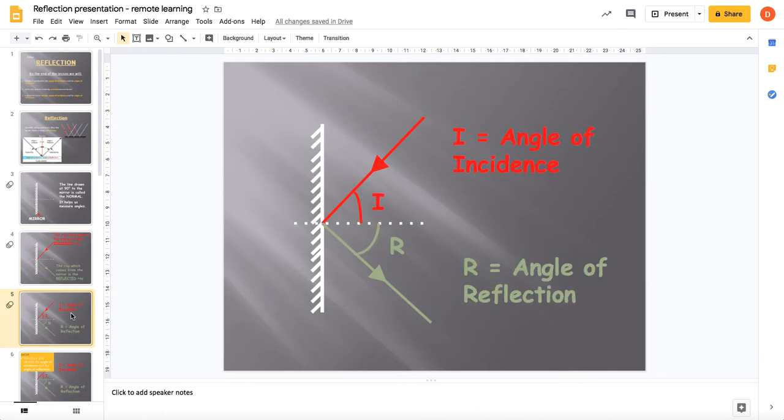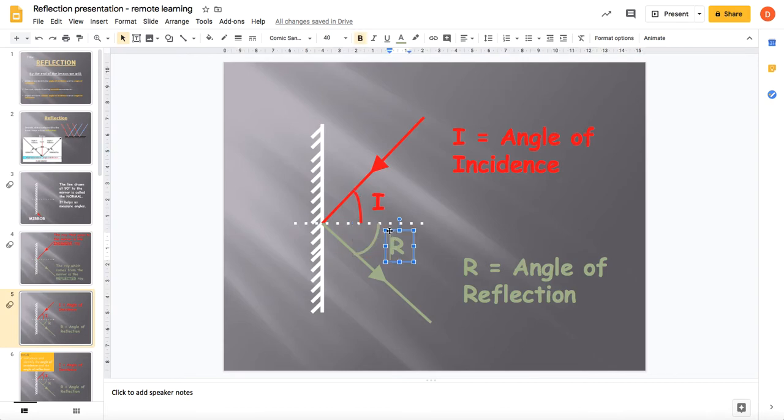And you have these two angles. One of the most common mistakes is that it isn't this angle that gets measured, but this one. This is the angle of incidence. This is the angle of reflection. Not this one, not this one, okay?